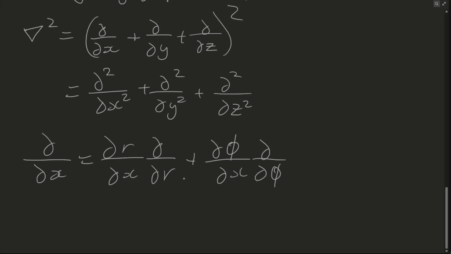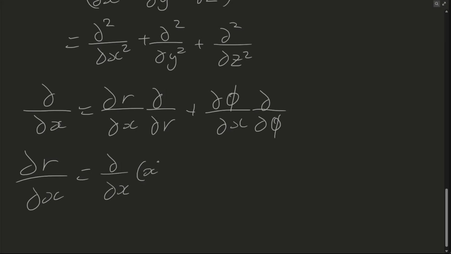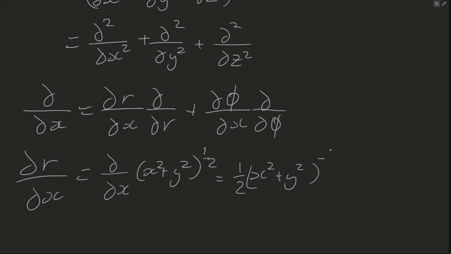If we calculate the partials of our coordinates, we can see, if we take this first, that partial r with respect to x is the partial derivative of x squared plus y squared to the half, which is half x squared plus y squared to the minus a half.